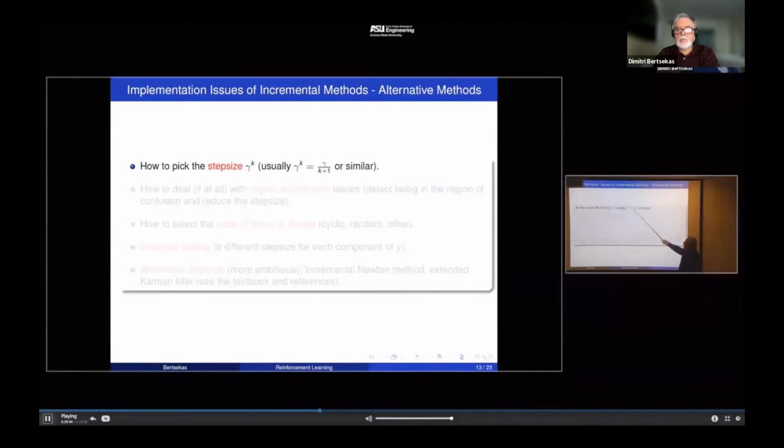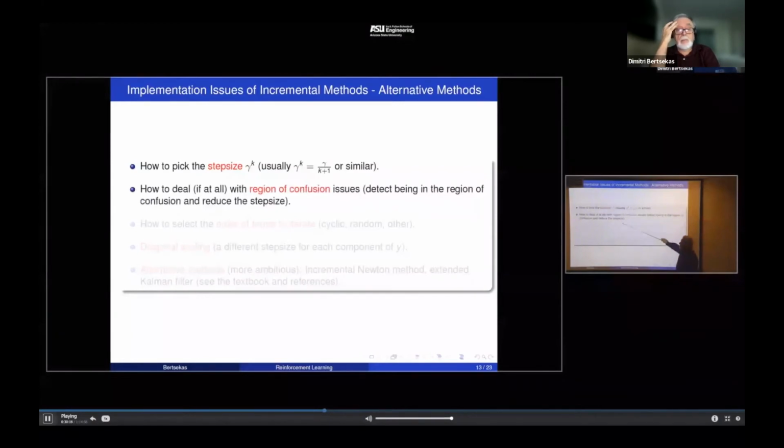This is also called the learning rate, gamma k, and the method that you pick this learning rate is called a learning schedule or something like that. Okay. It's a step size, a step size rule. And there are several different types, and there is a lot of analysis around the different step size choices.